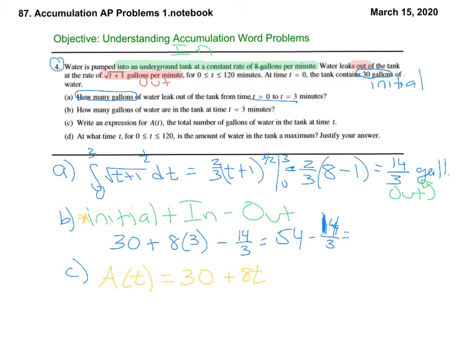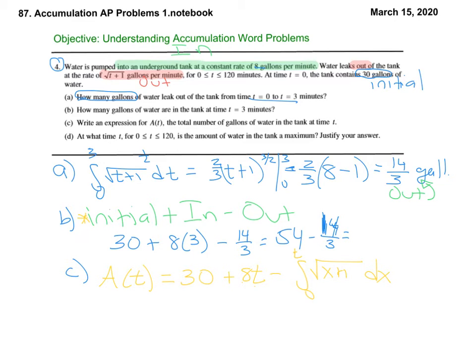Our in is 8 gallons per minute, right? 8 per minute. So that's our in, and then minus the out: the integral from 0 to t of the square root of x plus 1 dx. And again, we want to put some x's in there.